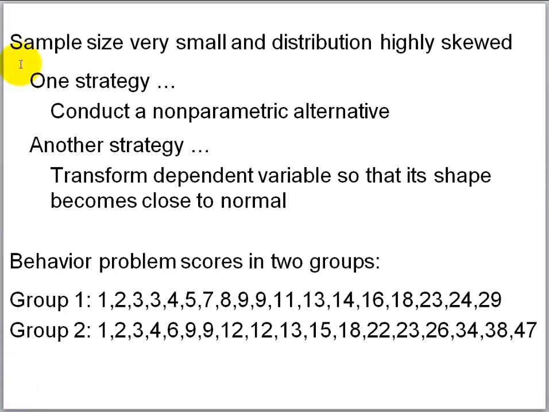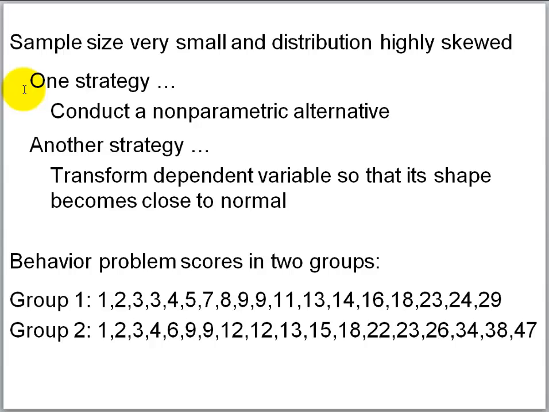Suppose you have the combination of very small sample size and very high skewness for your distribution. As talked about in the prior video, one strategy is to conduct a non-parametric alternative test to the parametric test that would otherwise be conducted.